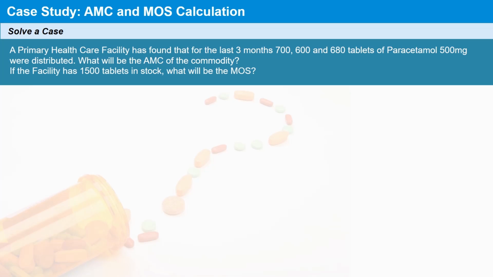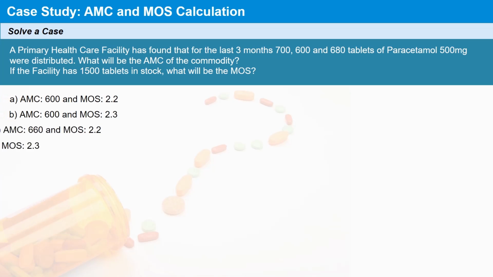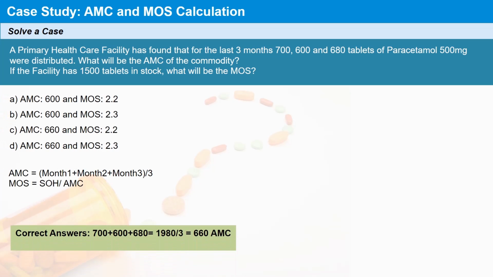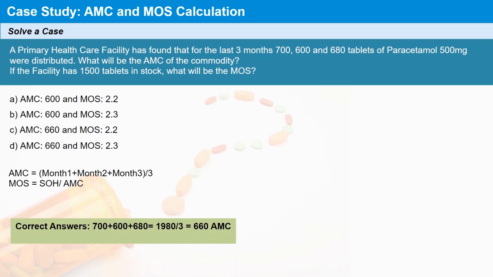Now please calculate the average monthly consumption and month of stock. The options are provided for you on the screen. The correct answers are 660 tablets of average monthly consumption and 2.3 months of stock for paracetamol 500 mg tablet. On the screen, you can see how we calculated the results.